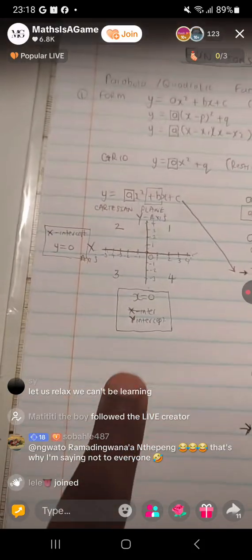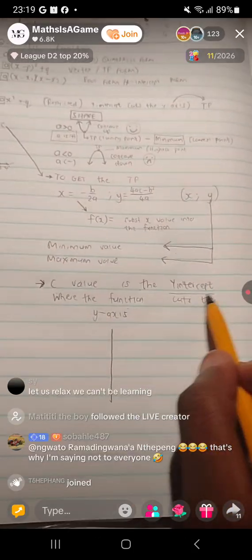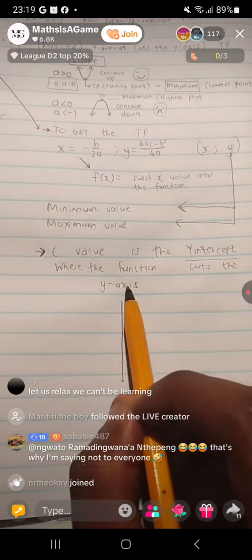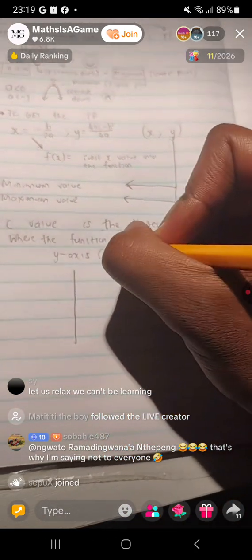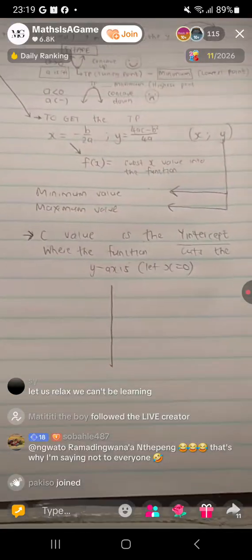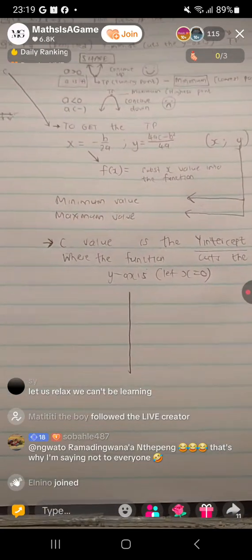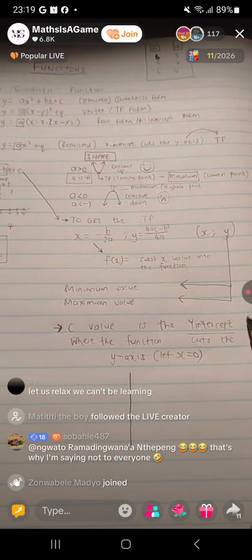So that's why the c value is the actual y-intercept. It's where the function will cut the y-axis. It's where we let x be equal to 0. Okay, so this is also important where our parabola is concerned.